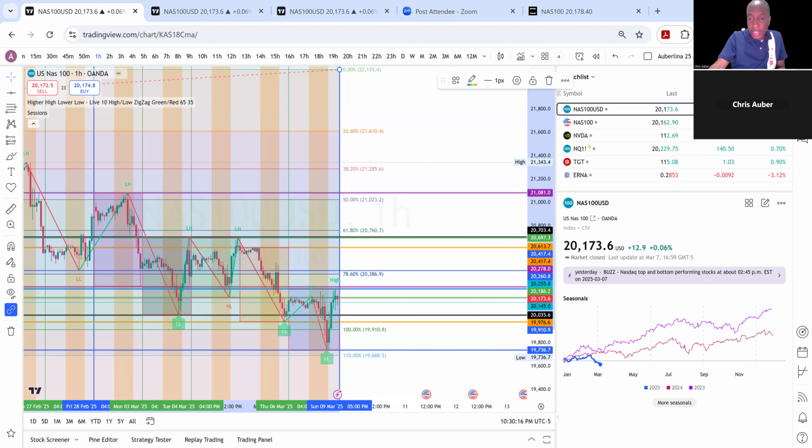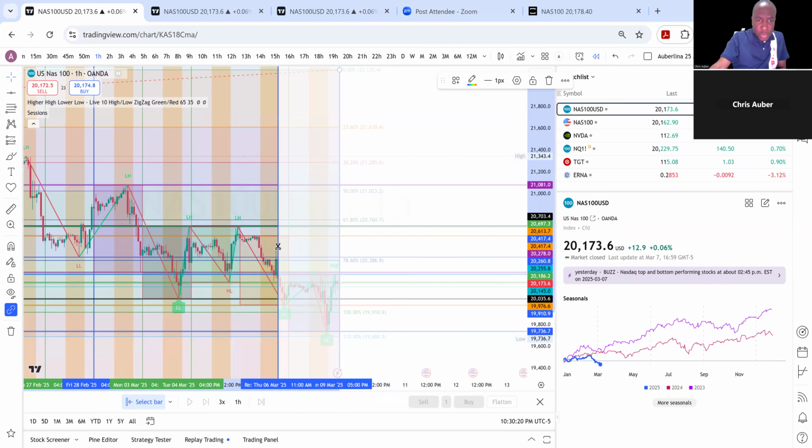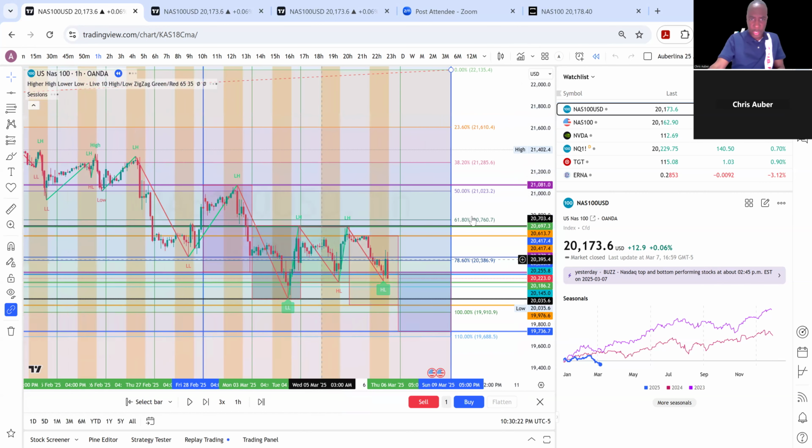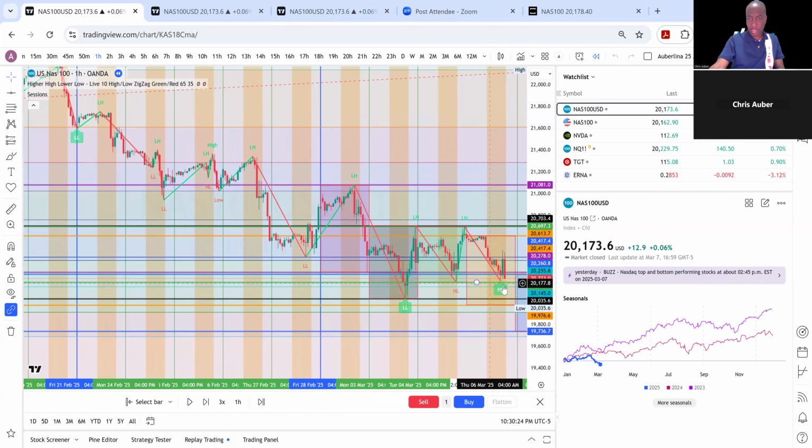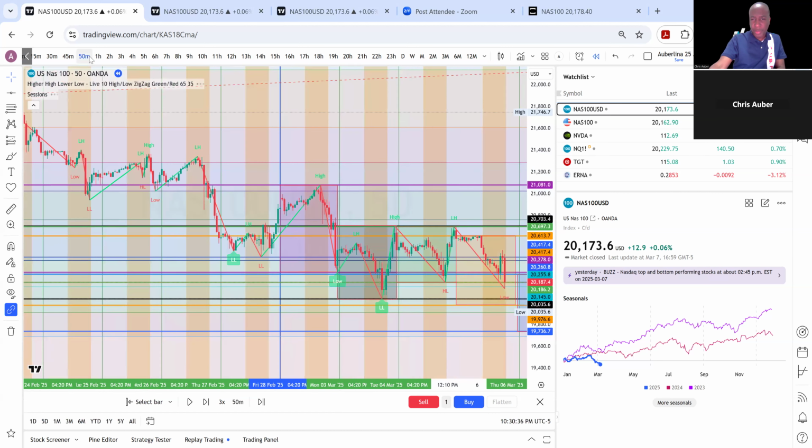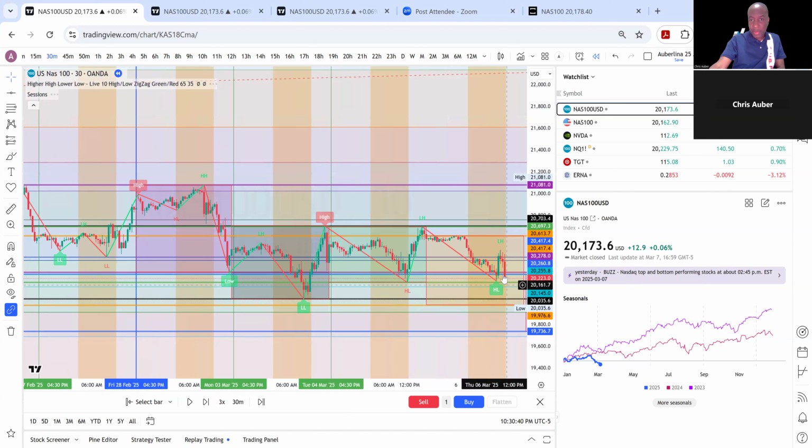So let's use this tool right here, because I want to show you what happened on this particular day. So price was here at a higher low. Excuse me. Price came up, it got here. Look at this point. On a smaller time frame, let's say your 50-minute, nothing printed. If you look at your half-hour time frame, notice a lower high was printed right here. That tells you that the market is still consolidating.